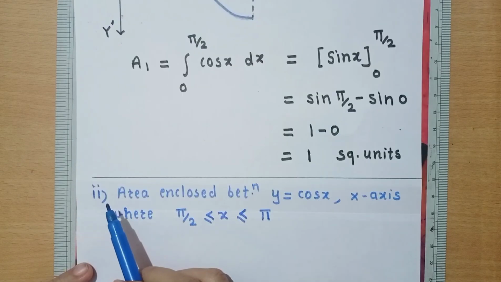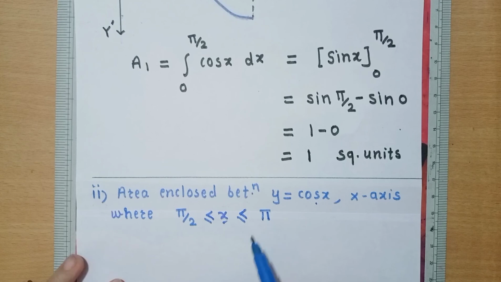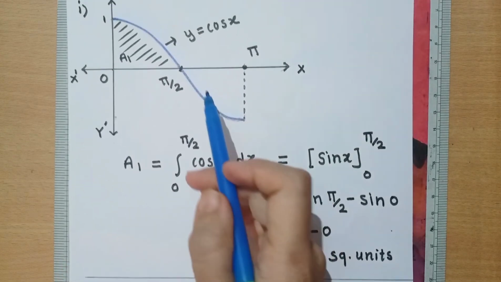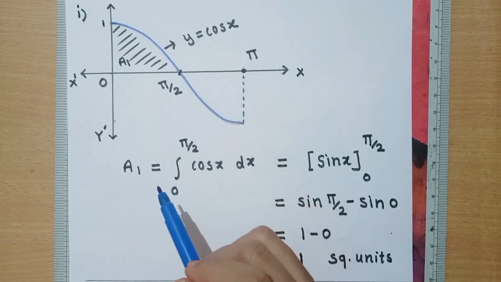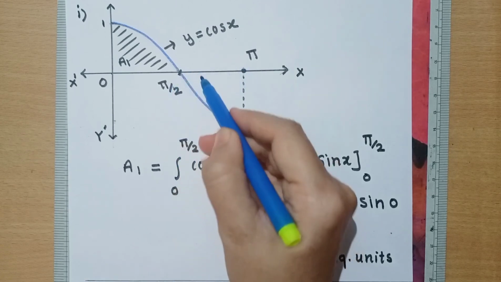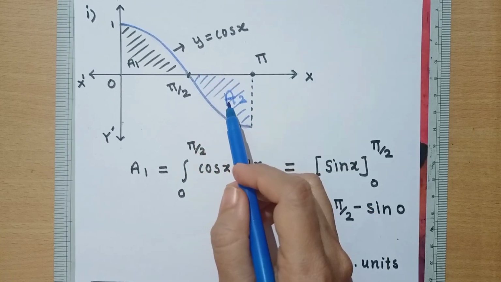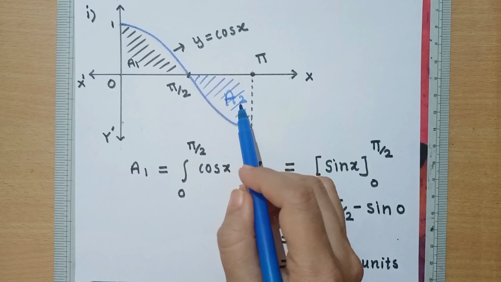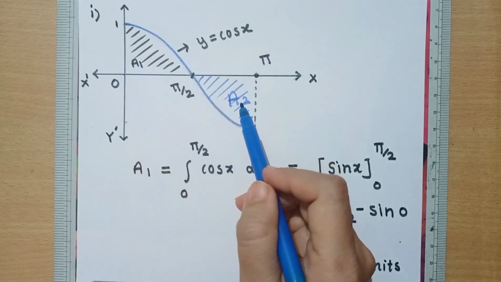Now for the second, we have to find the area enclosed between y equals cos x and the x-axis, where x lies between pi by 2 to pi. Again check this curve. Here this is the y equals cos x curve, and between the limits pi by 2 to pi, we have to find this area. Assume this area to be A2 and check now, A1 area is equal to A2.